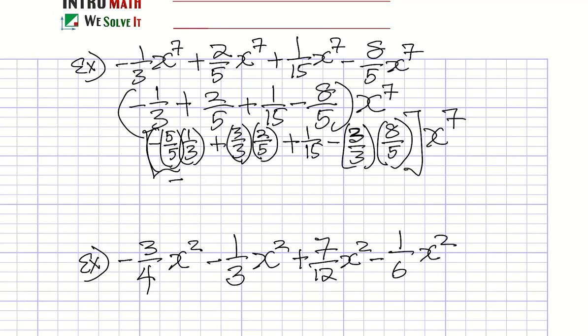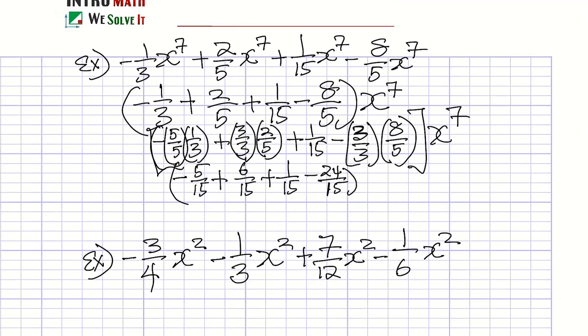So you have minus 5 over 15, all right, plus what is that? 6 over 15 plus 1 over 15. Plus what is that? 3 times 8 is 24. 24 over 15. You see that, right? So then you bring the variable, you see?